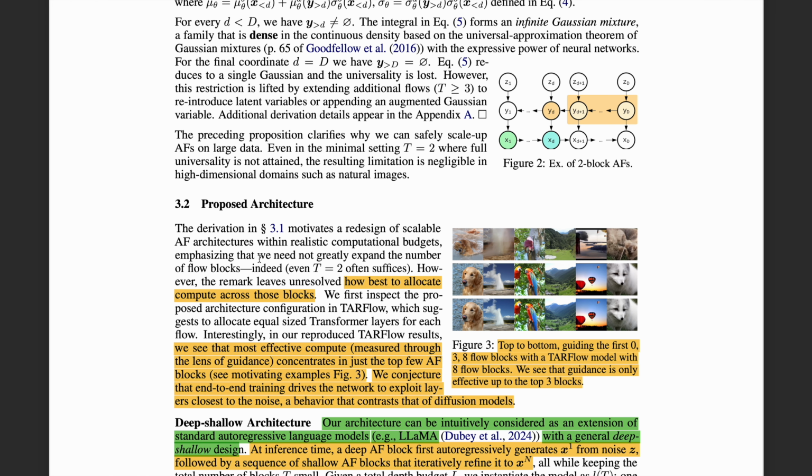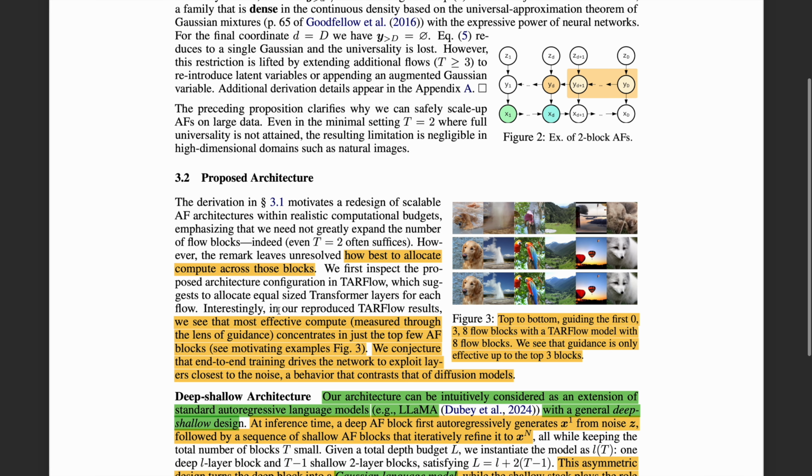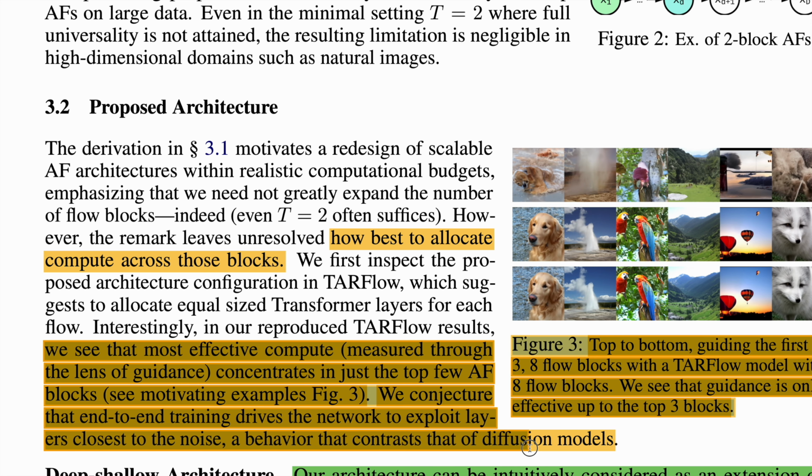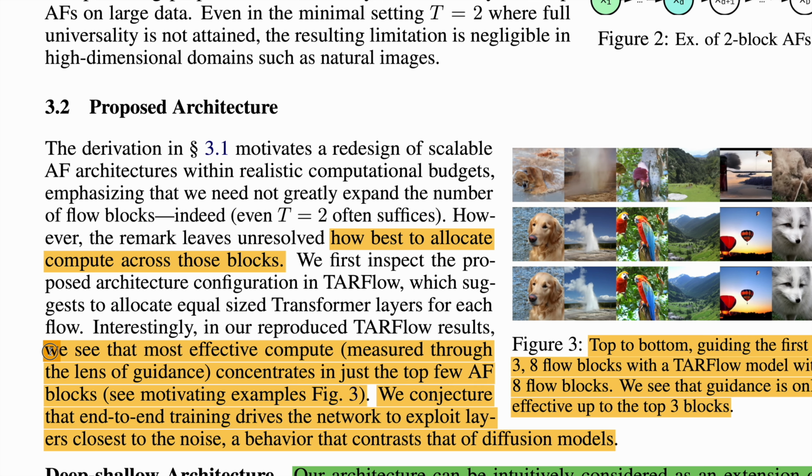So let's have a look at the proposed architecture. They say that it's not clear how you should allocate your compute across those blocks. I don't recall if it's just intuition or if there are some empirical findings later.